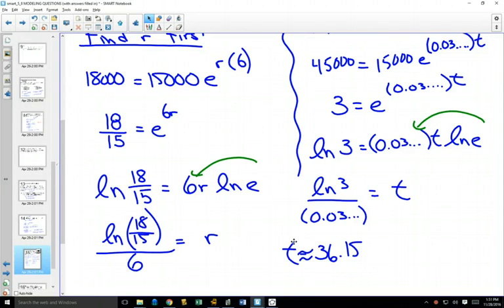Did you use your stored value, or did you put 0.03 in? If you round it, it makes a big difference. And the final exam has an error for rounding early. So you need to keep all of your decimal places all the way along and only round for your final answer. So here we get 36.15, and we should include the units as well. Years.